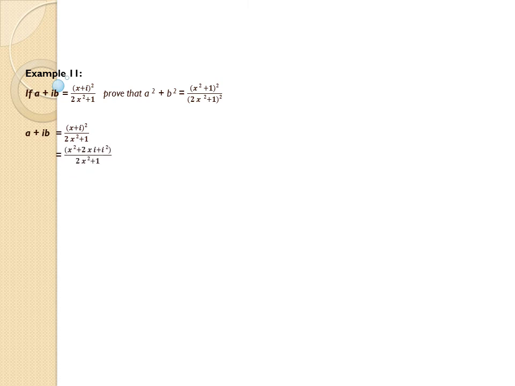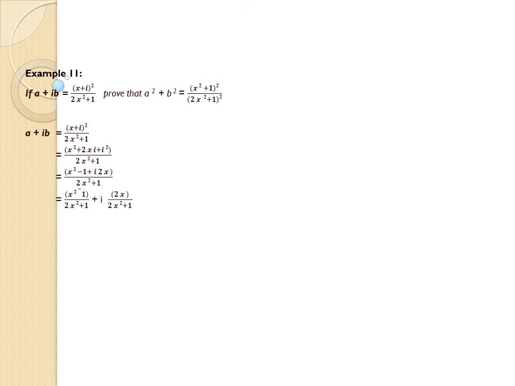Now x plus i whole square I will simplify as x square plus 2xi plus i square, and the denominator is 2x square plus 1. Now, i square means minus 1, so I will put x square minus 1 plus i of 2x divided by 2x square plus 1.